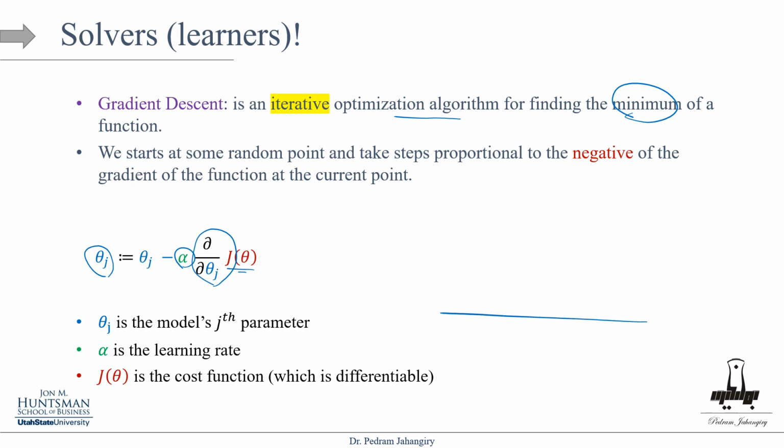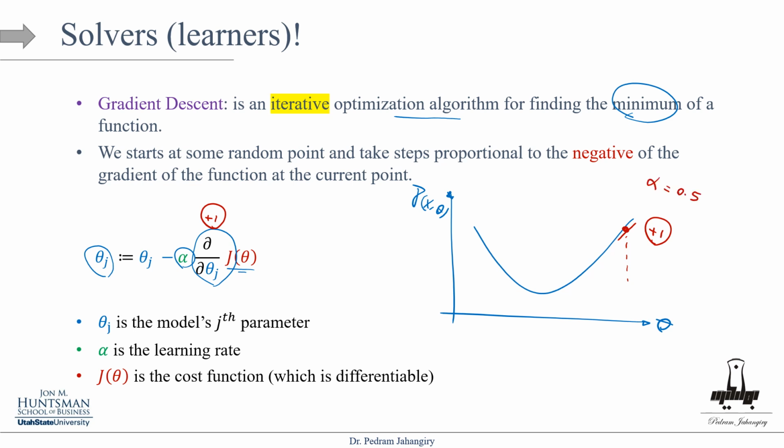Again, if I want to show you visually, I have this function, the cost function of x and theta, and this is my parameter of interest. Imagine this is our very simple cost function. We are assuming that it is continuous and very well behaved, right? Then we start from a random point. If I start from this point, I calculate the gradient. It's a number, let's say it's +1. I plug this number in the gradient and multiply it by the learning rate.